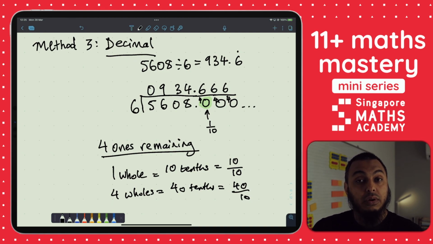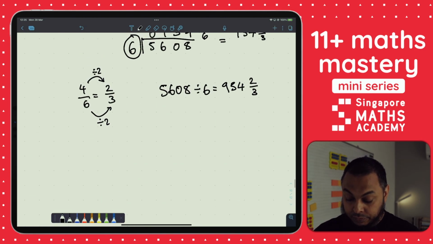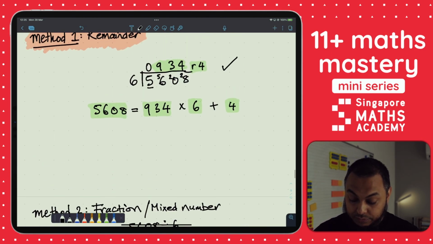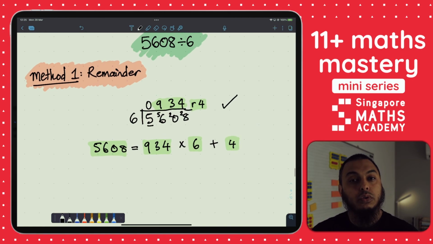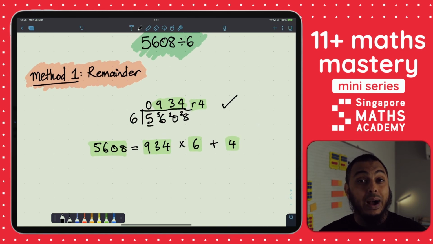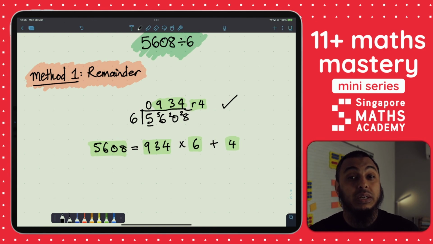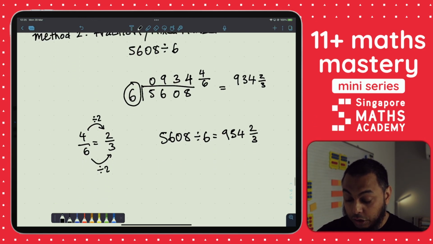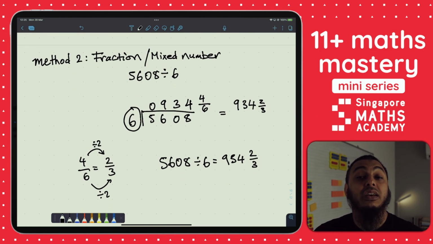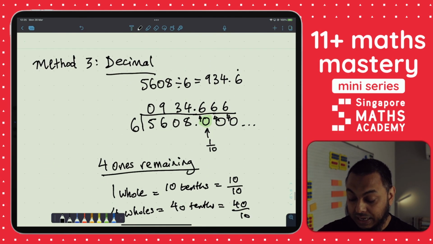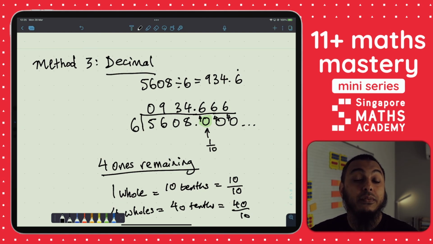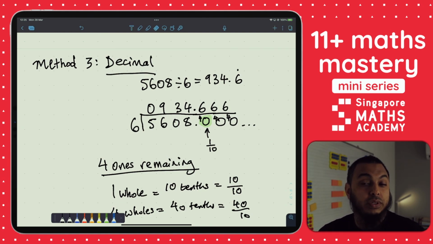We can turn it into a fraction. That's a nice convenient way, like we've done here. We can leave it as a remainder if the question allows us to. But if there is a need to be more accurate, and as you get older in year 5 and year 6, you're going to need to figure out that I can turn it into a fraction, like in this case, or sometimes I can also use decimals, because that will be even more convenient for certain questions.